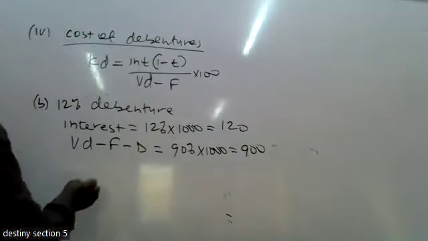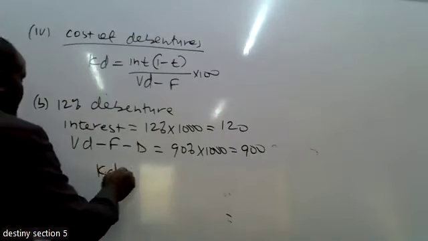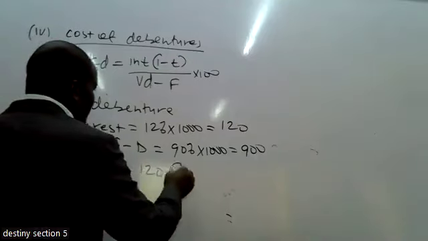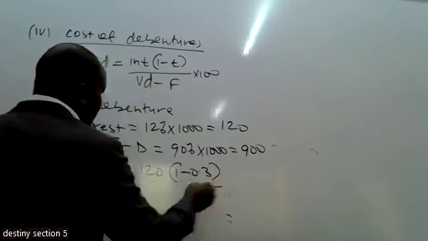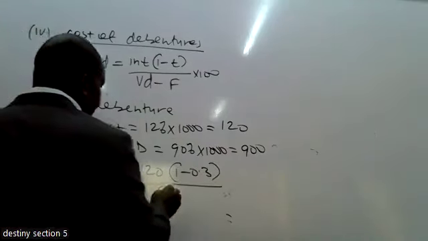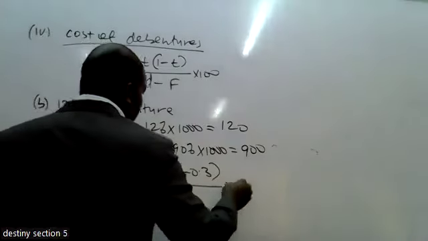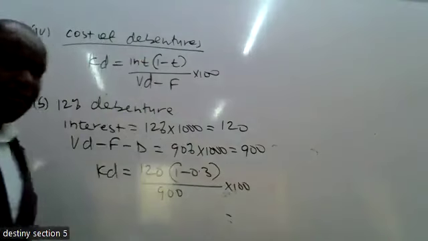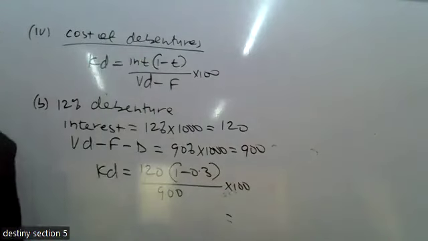So now our KD: interest is 120, then 1 minus the tax rate. We also divide by 900, then show that as a percentage.